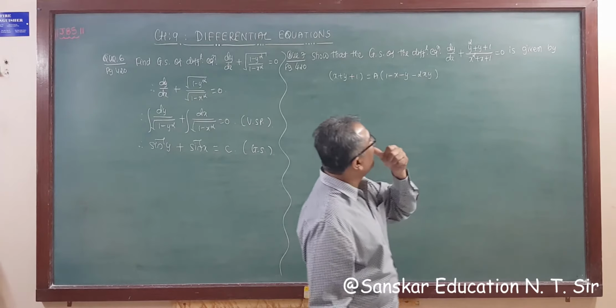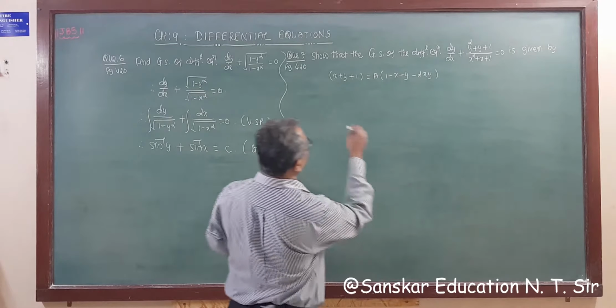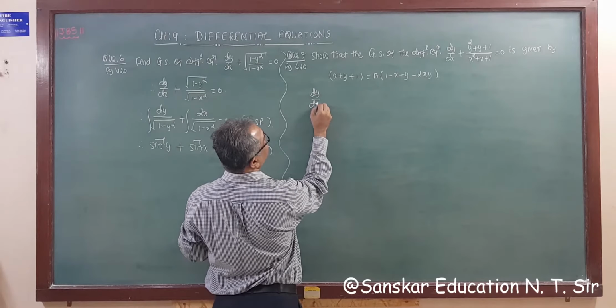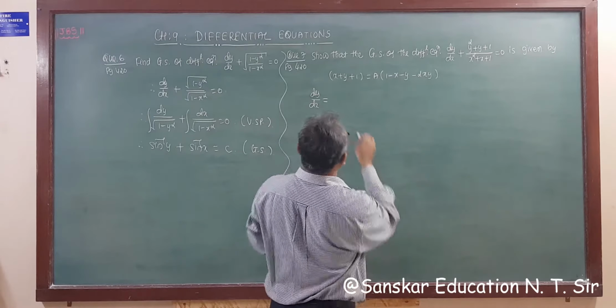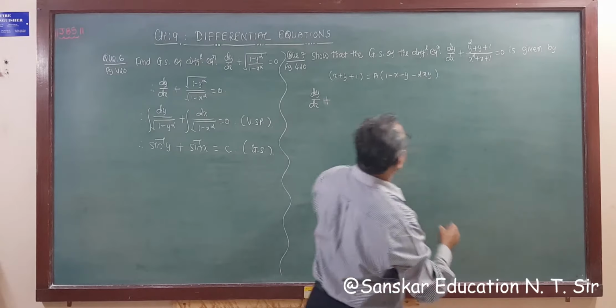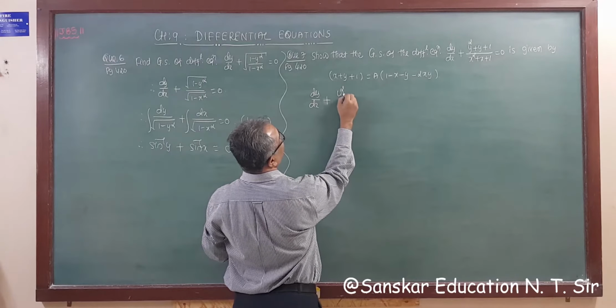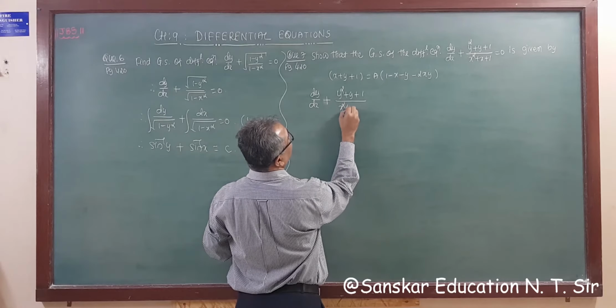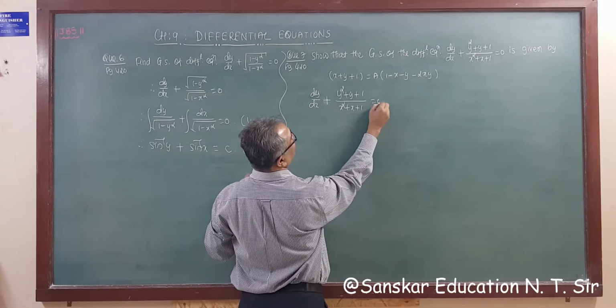So here again, dy is equal to this. So can I write like this? dy upon dx is equal to y square plus y plus 1 upon x square plus x plus 1 equal to 0.